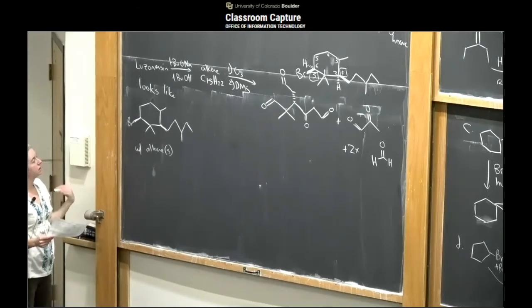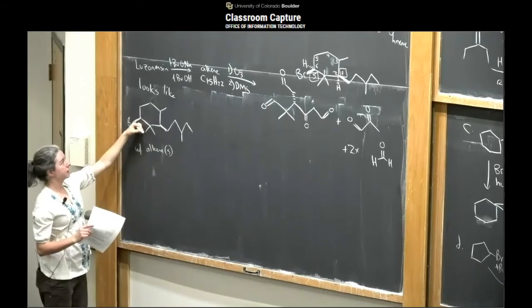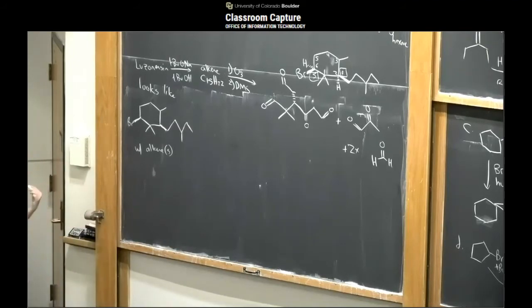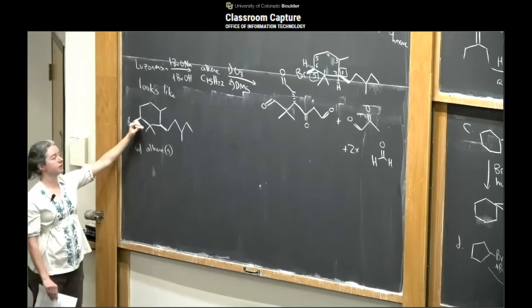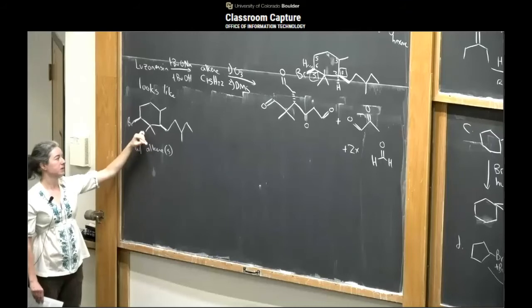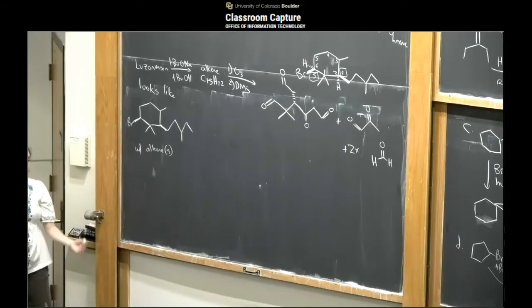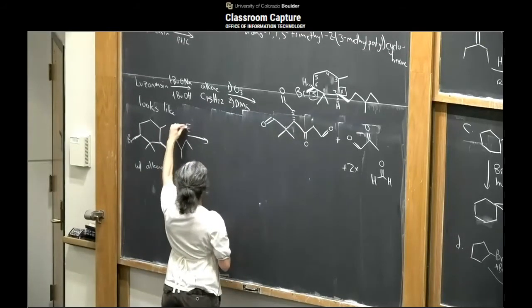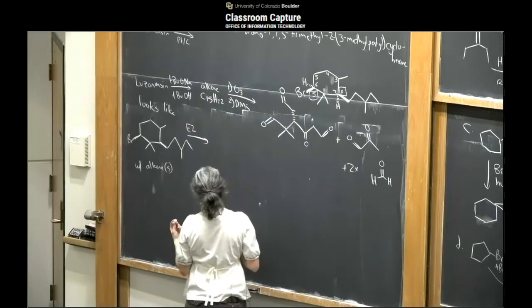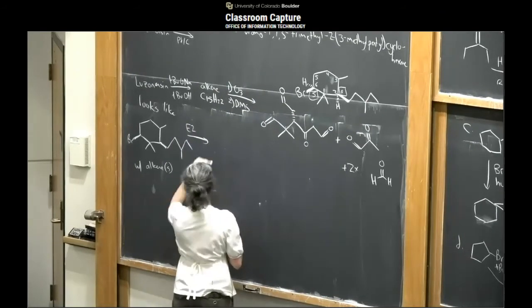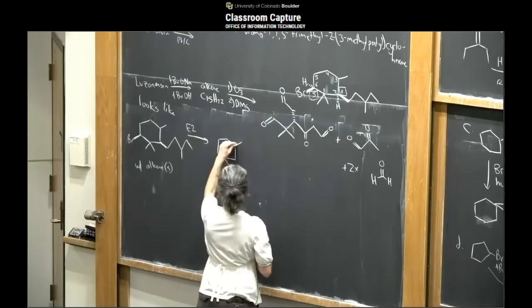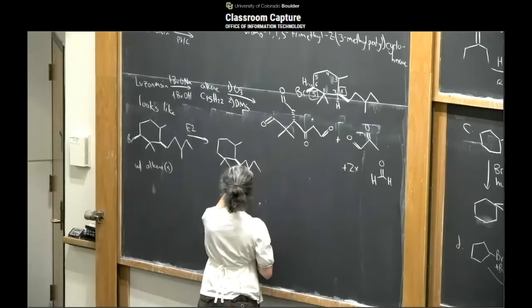Whatever Luzonensin looks like, if we react it with t-BuONa, what kind of reaction are we likely to do to this thing, assuming it's permissible based on where the alkenes are? E2, right? So we do E2 on it, and we end up with something that's formula C15H22.